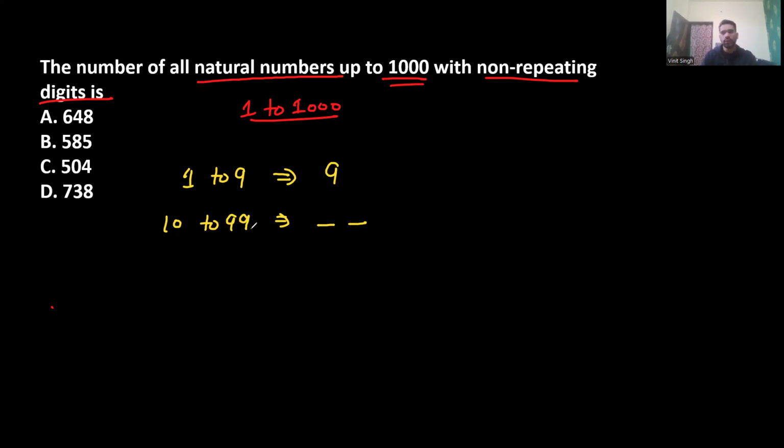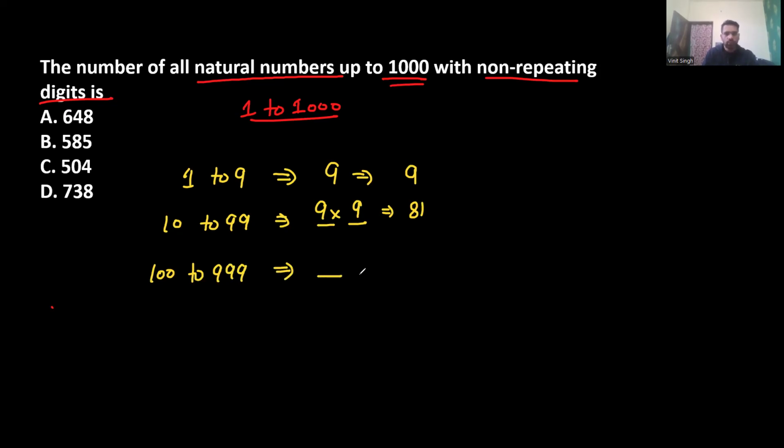And at the second place, there is also a possibility of 9, because one number will be eliminated and the 0 will come. So again, there are 9 possibilities. 81.